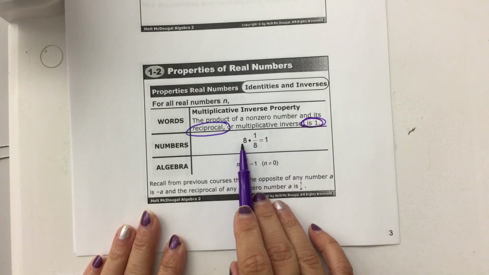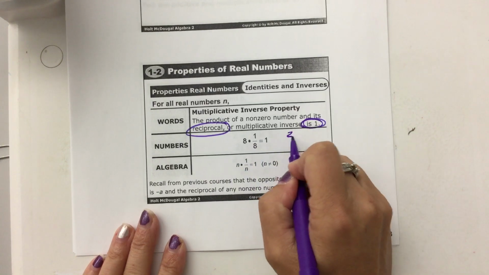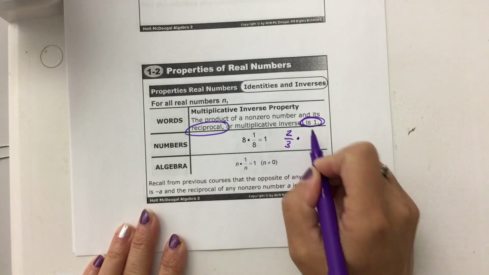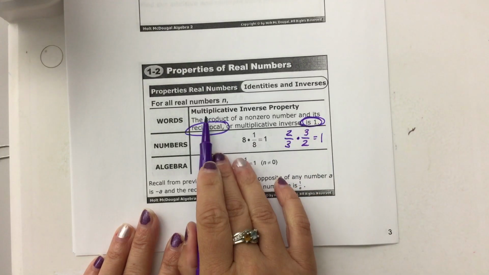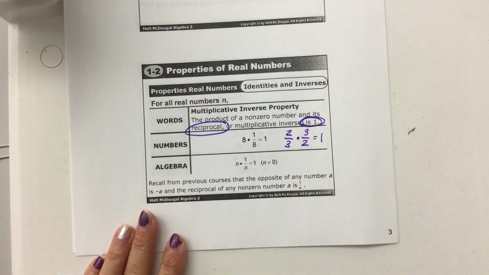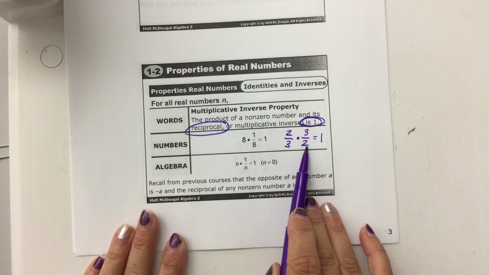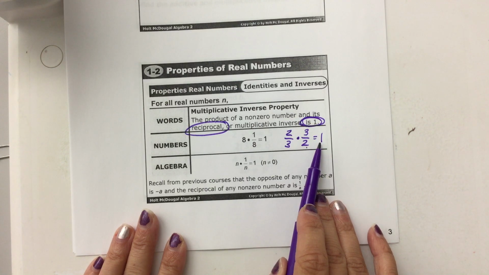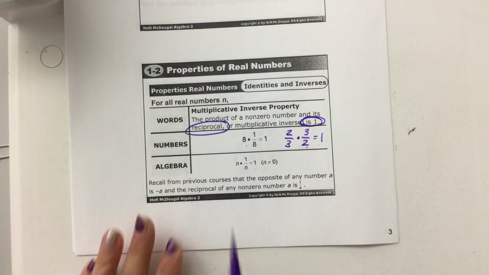So if you multiply 8 times 1 over 8, it equals 1. If I have 2/3 times its reciprocal, which would be 3/2, it equals 1. That's what the multiplicative inverse property says. If you multiply two reciprocals, your result will always be a 1, whether we're looking numerically at numbers or algebraically and using variables.